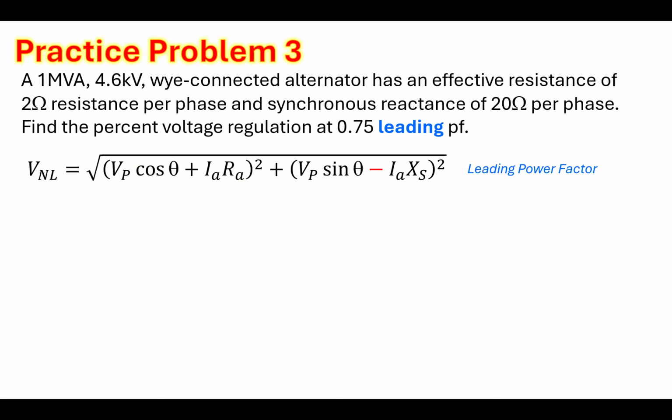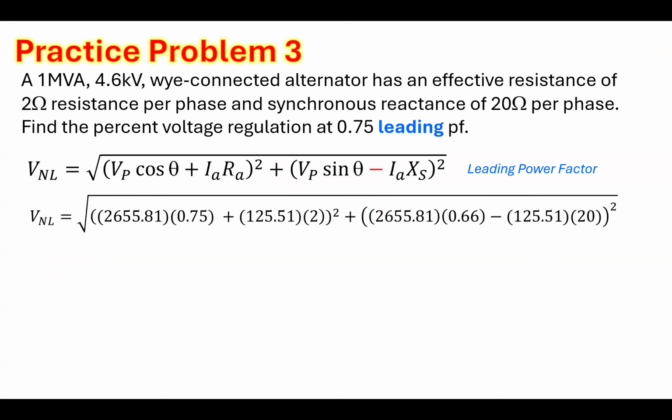So we're going to use now the equation for the no load voltage in a leading power factor. So mapapansin nyo dyan na nag-minus tayo rito sa loob. So substitute all the values given and the computed values for the no load voltage and the phase voltage.